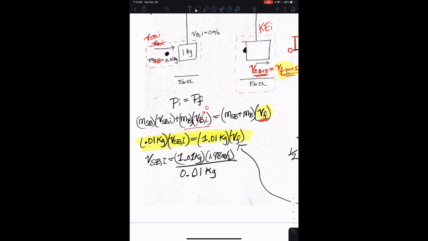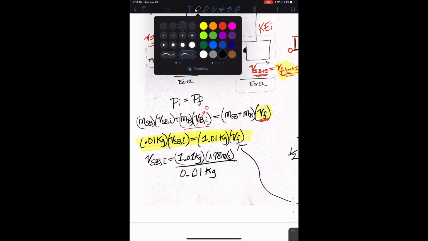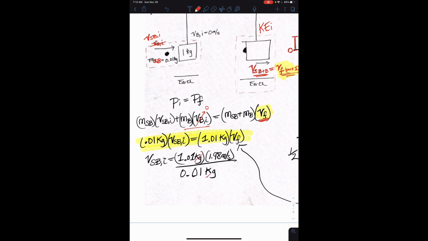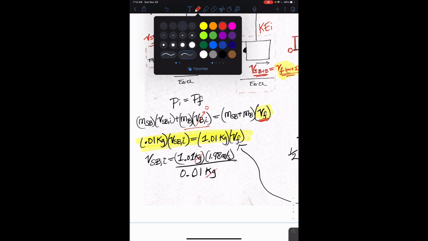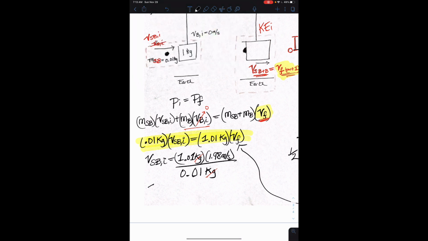All right, and that should give us meters per second for units, because you can see those kgs canceling off. And when we do the math there, we end up getting a pretty insane velocity. It ends up being, I think, 199.98 meters per second.